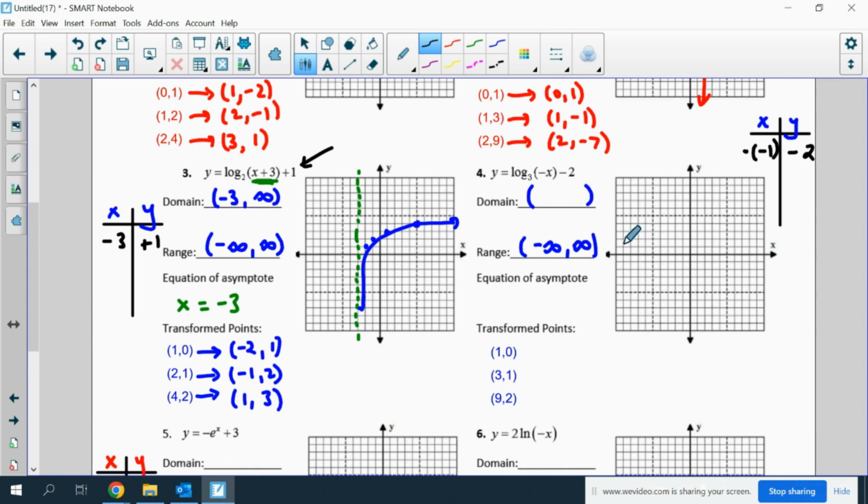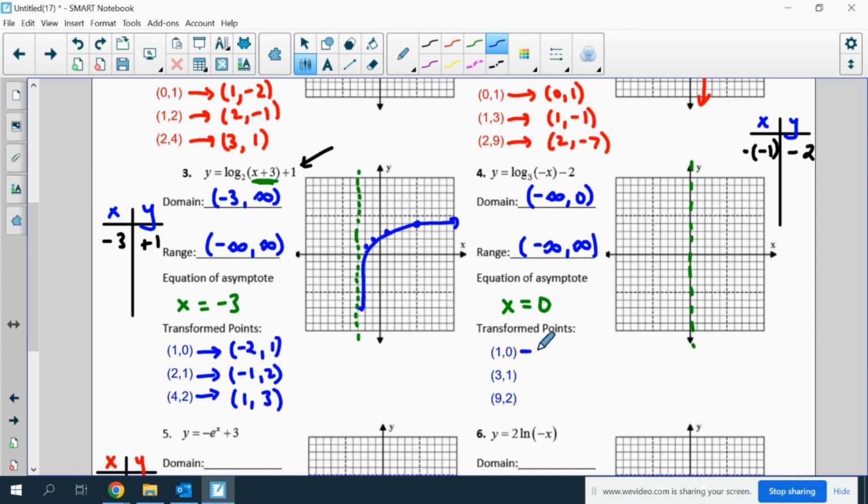So the domain of this graph is probably going to, since my x's are getting multiplied by negative 1, I'm going to have some kind of graph that goes this way. So my domain will be negative infinity to 0. The equation of the asymptote remains x equals 0 because multiplying 0 by anything doesn't change it, and there's no shifting.